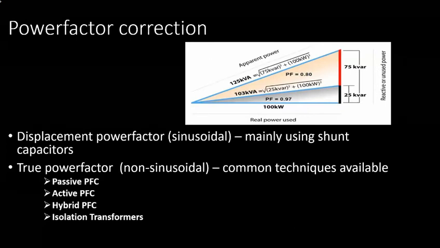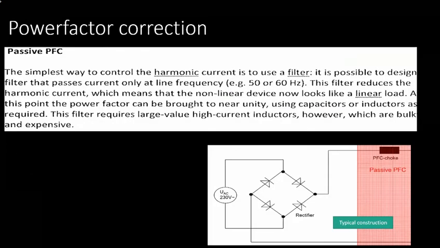When we're looking at true power factor in a non-sinusoidal application, the common techniques for power factor correction are passive power factor correction, active power factor correction, hybrid PFC, and isolation transformers. Mostly it is passive PFC and active PFC. The hybrid PFC is nothing but a combination, an engineering compromise between passive PFC and active PFC. What is passive PFC?